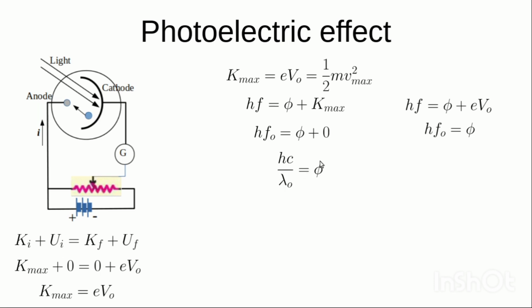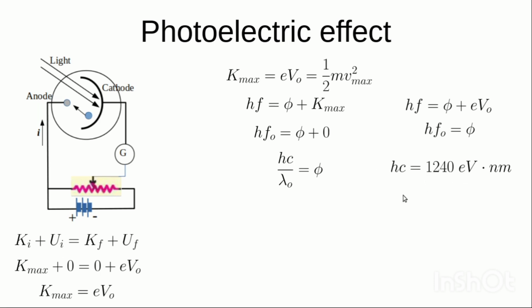Phi, the work function. Sometimes when we're solving problems, our hc can be re-expressed as 1240 electron volts times nanometer, right? Sometimes, if we need the combination of these two, we can just use this particular expression.